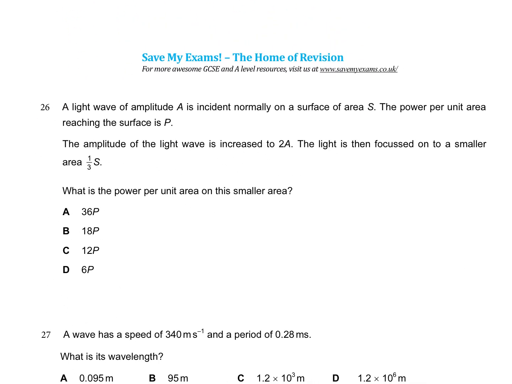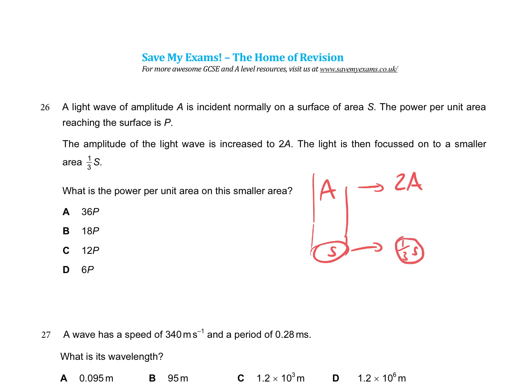Question 26. So you have light of amplitude A shining on the surface of area P. Now we're going to 2A, and we're going to an area, not area P, area S. Now we're going to a third of S, so smaller area.